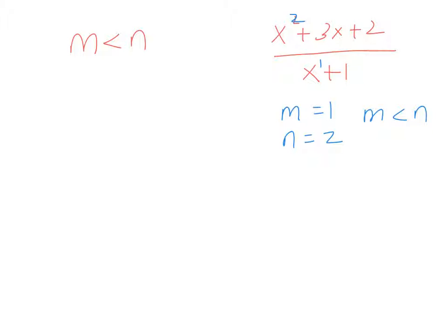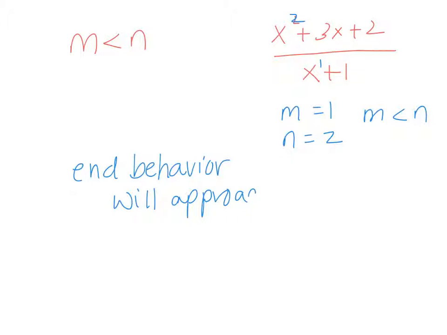In this case, the end behavior will approach the quotient. So I would have to divide x plus 1 into that. The graph would approach the quotient of this. Now in this case, it actually would be the quotient because this is a factor.